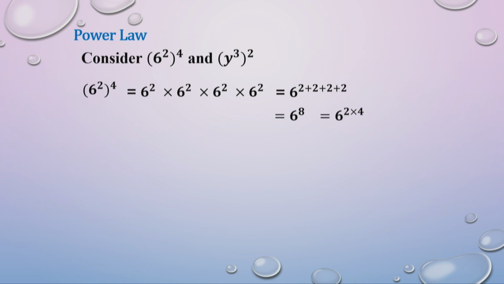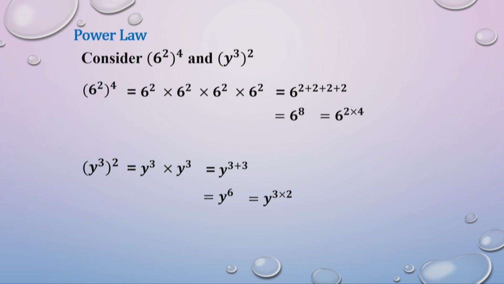which is the same as 6 to the power of 2 times 4. Now, y cubed raised to the power of 2 means y cubed times y cubed, which gives y to the power of 3 plus 3, that is y to the power of 6, which is the same as y raised to the power of 3 times 2.